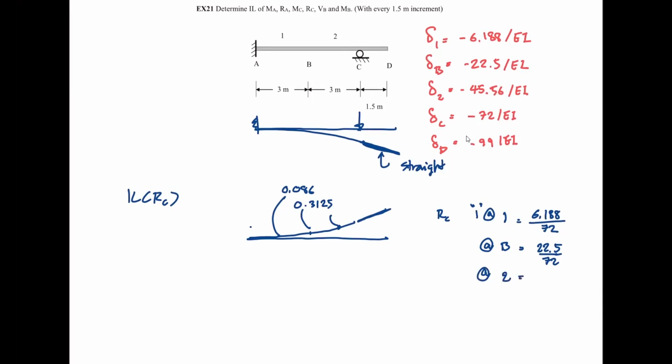When the load is at 2, that becomes 45.56 over 72. And that is 0.633. This point, no need to do it, right? It's 1. Okay, and then at point D is 99 over 72. But remember that this is a straight line, and that is 1.375.